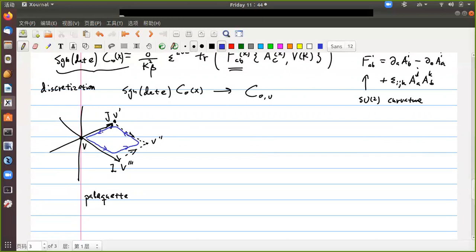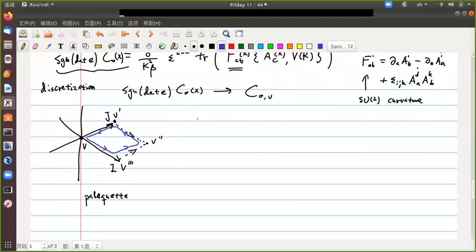We know that along all the edges there are holonomies, right? We define holonomies along all edges, that's our phase space. Then you can connect those holonomies to get a loop holonomy, and this loop holonomy relates to this curvature.